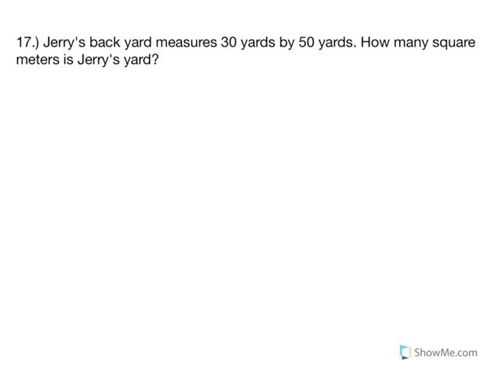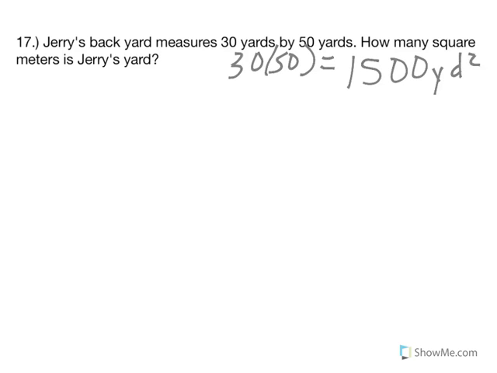Story problem. Jerry's backyard measures 30 yards by 50 yards. How many square meters is Jerry's yard? Well, I know if I take 30 by 50, that gives me 1,500 square yards. And you might be thinking, well, fat lot of good that does me, I need square meters. Well, that's true, my friend.